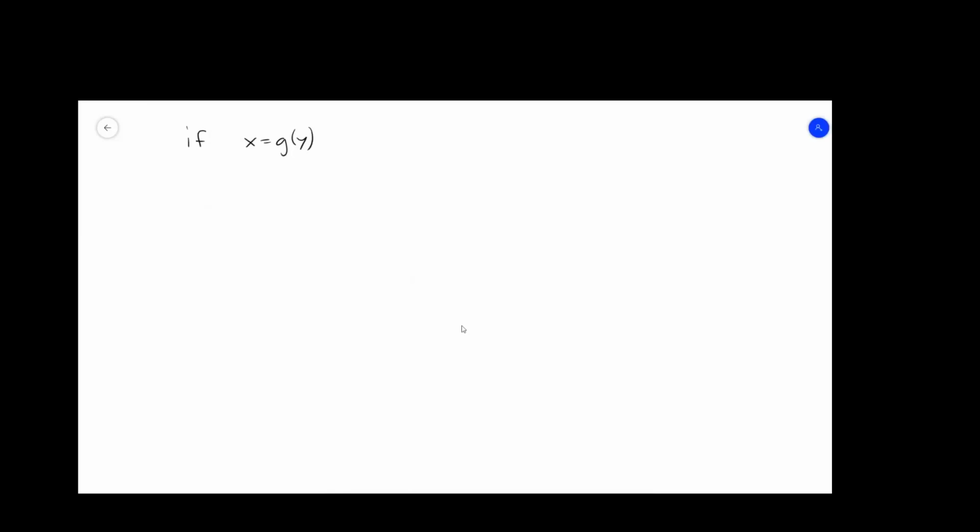Well, I could have factored out the delta y just as easily. And if I had done that, then my derivative would have been dx/dy, which is basically x prime of y instead of y prime of x. So the formula ends up being almost identical if you have a function defined in that way.